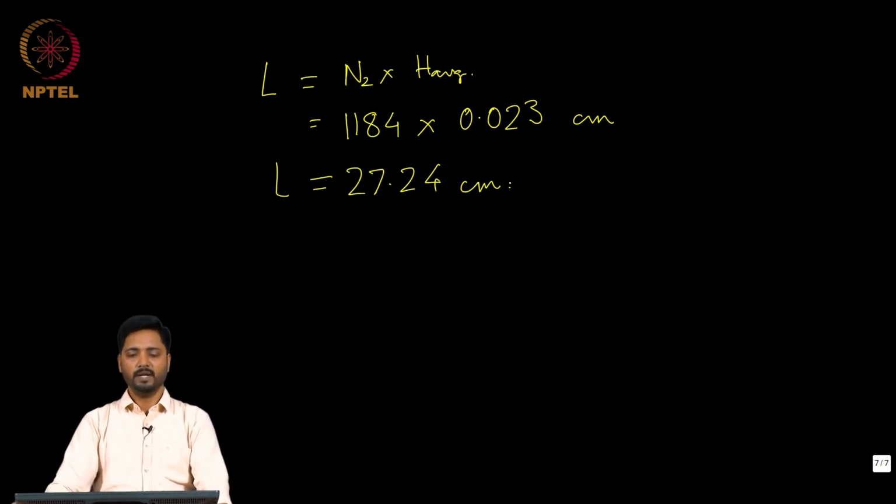So, I hope that this lecture has clearly told you how we utilize the simple plate theory to estimate the various parameters associated with a chromatographic separation, and these parameters include the plate count, the plate height, and the resolution.